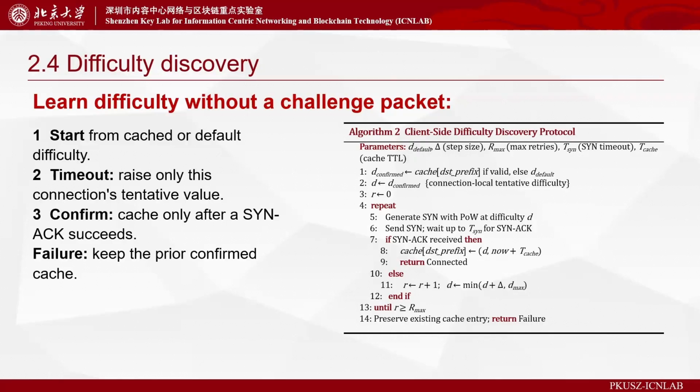If the SYN times out, it raises difficulty only for this connection and tries again. The conservative step is caching. A higher value is committed only after a SYN-ACK confirms that the handshake succeeded.